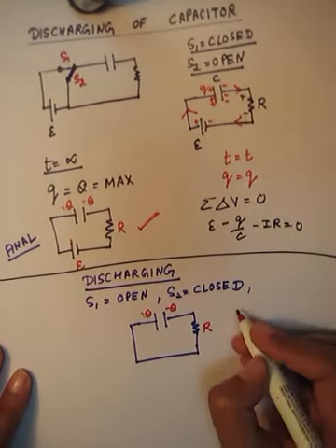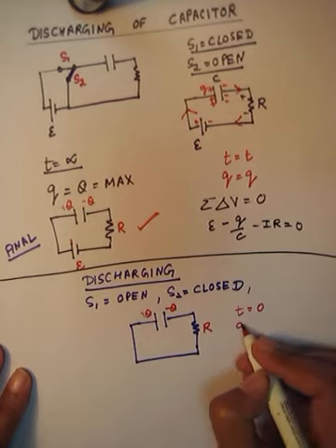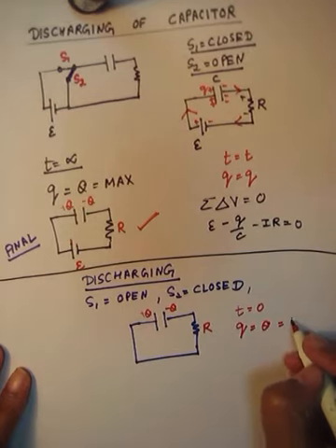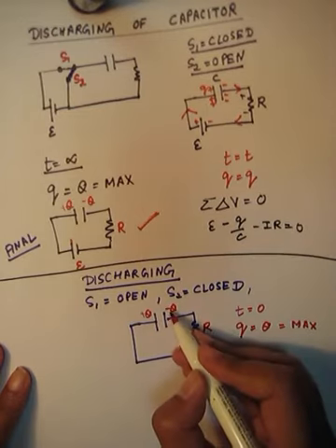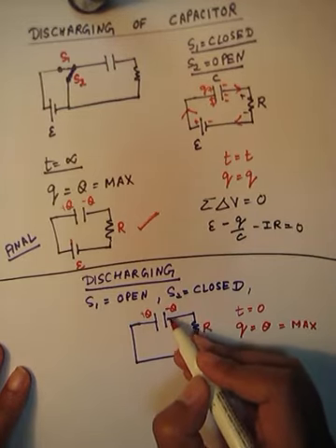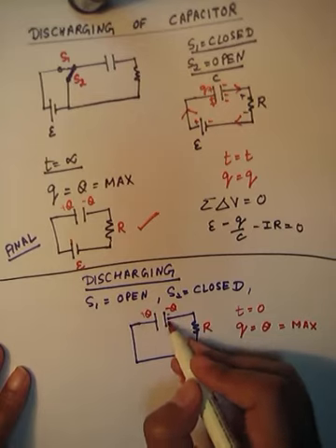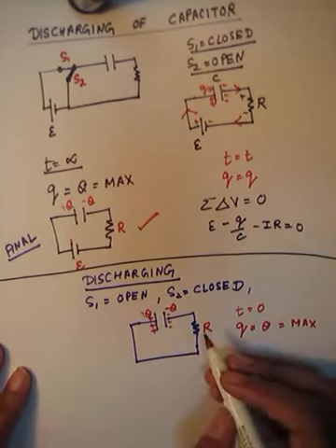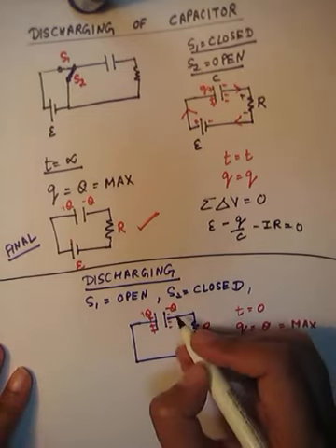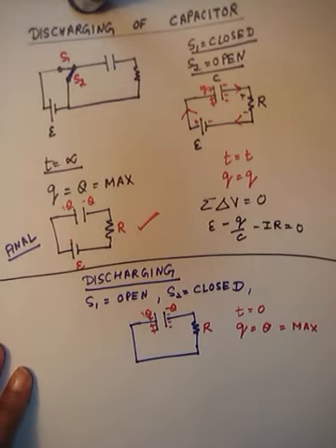So for this circuit now, at time 0, the charge on the capacitor is maximum charge. And this negative plate will have, means it has excess electrons, and positive plate means it has deficiency of electrons. So these electrons, they will move from one side of the plate.